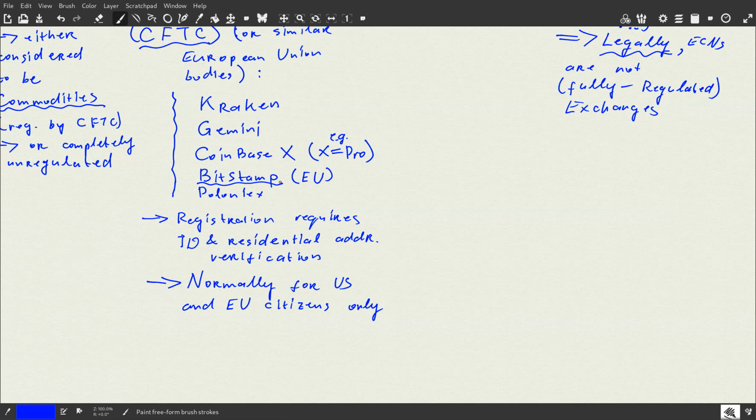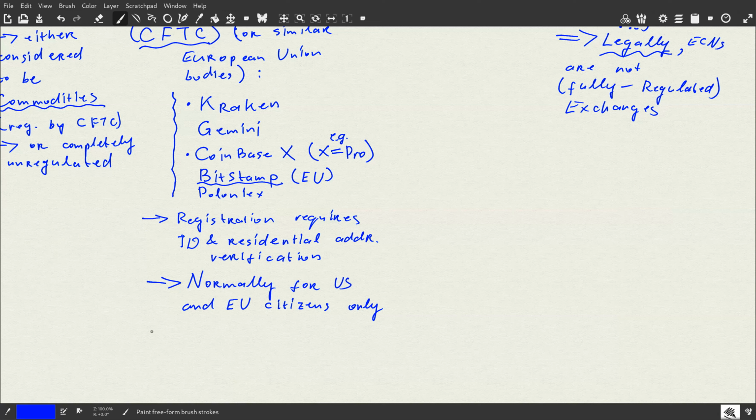It is extremely difficult to get registered with Kraken or Coinbase Pro, for example. Apart from Pro, there are other divisions of Coinbase. If you are not a US citizen, these are primarily services for the US citizens.